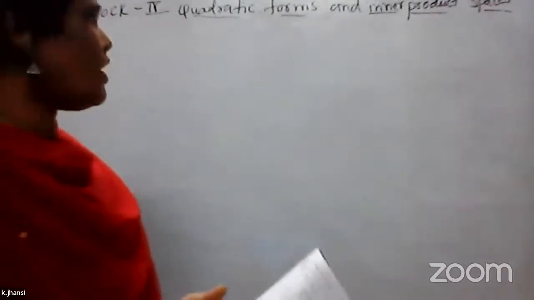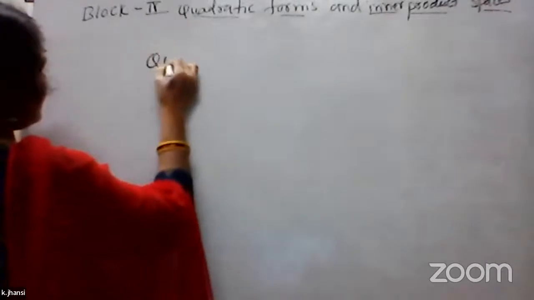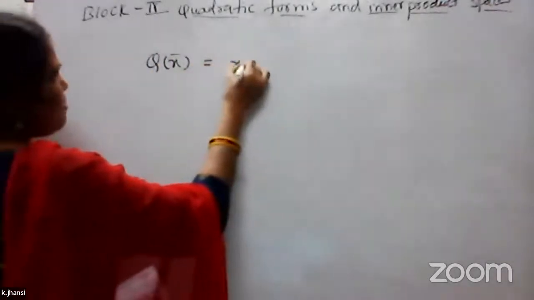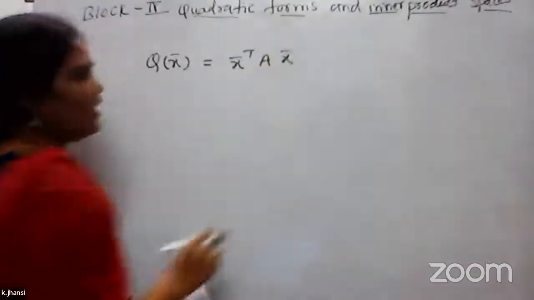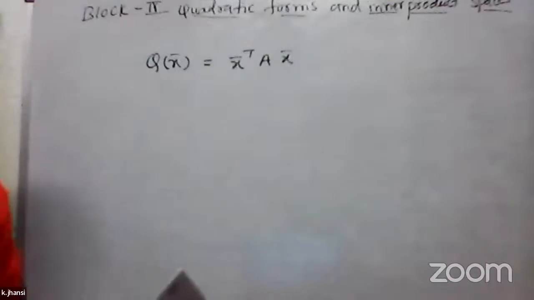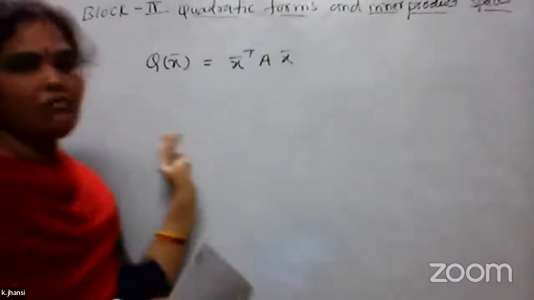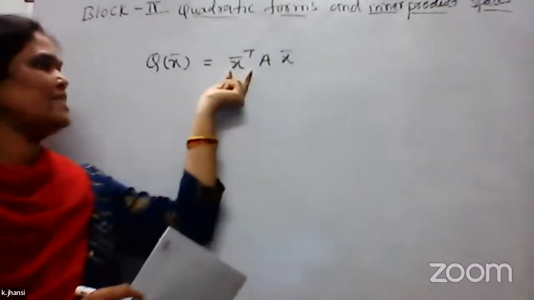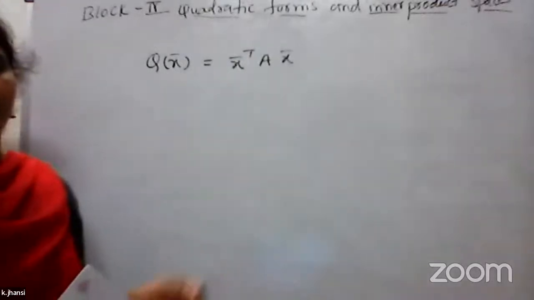Okay, so the quadratic form means, whatever the matrix is there, if you are taking Q of X like this. Whenever you are writing a matrix form in any polynomial form, that is called a quadratic form. Here X is the variable matrix. If it is a 2 by 2 matrix you will get only 2 variables.